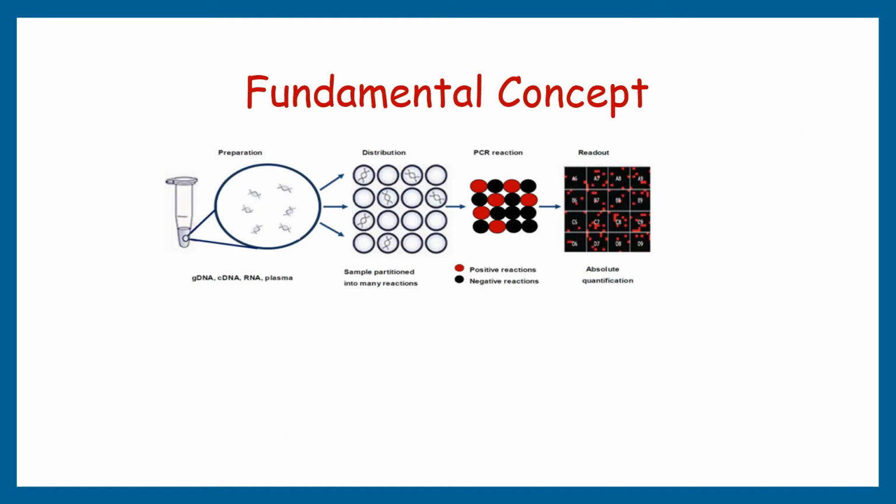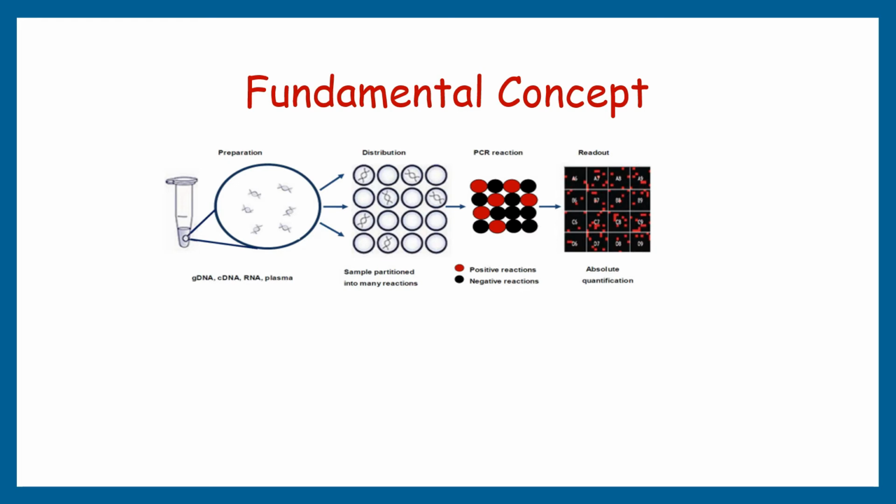Now come to the fundamental principle of digital PCR. In digital PCR, once the PCR reaction mixture is prepared, the reaction mixture along with the template DNA is partitioned into thousands of smaller compartments in which separate PCR reactions occur in individual compartments.